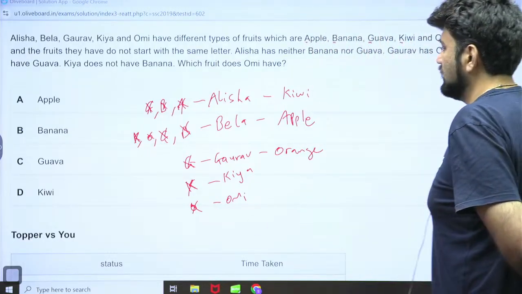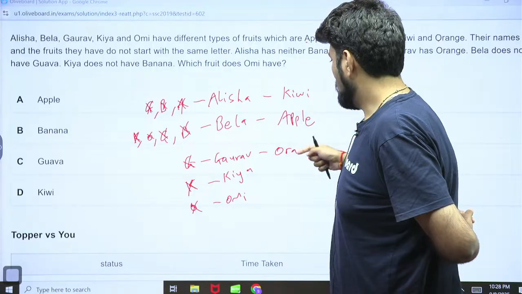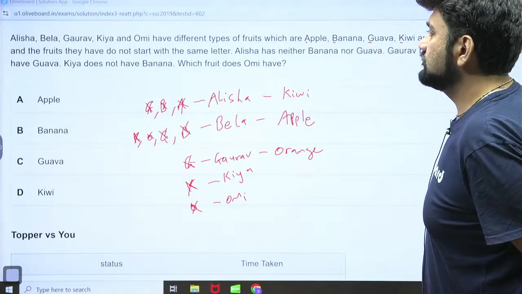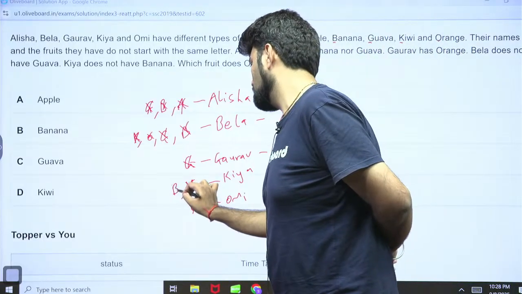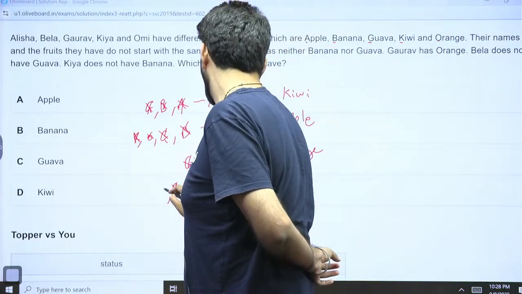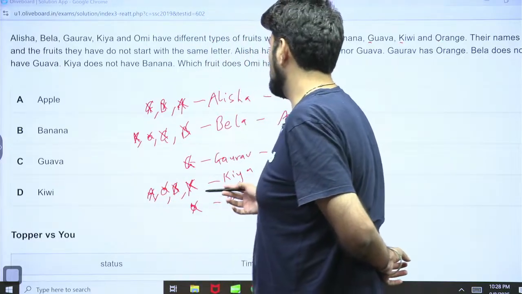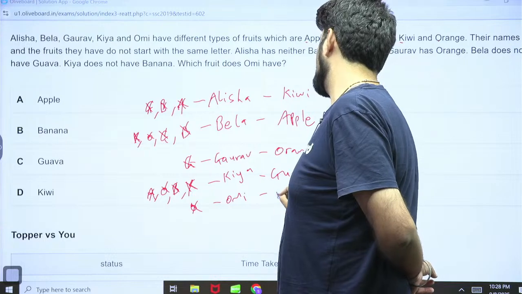Kiwi is already done. Orange is already done. Okay, great. Next, Kia does not have banana, orange, or apple. So Kia is left with guava. And Omi is left with a banana.